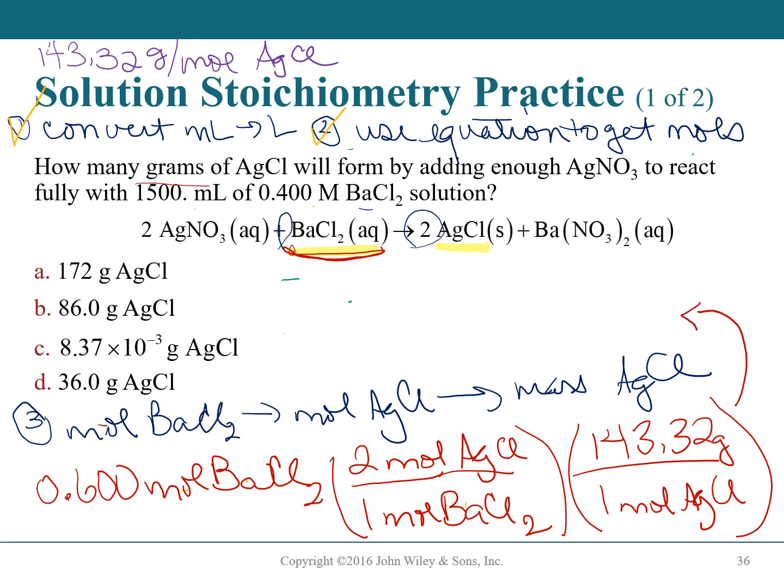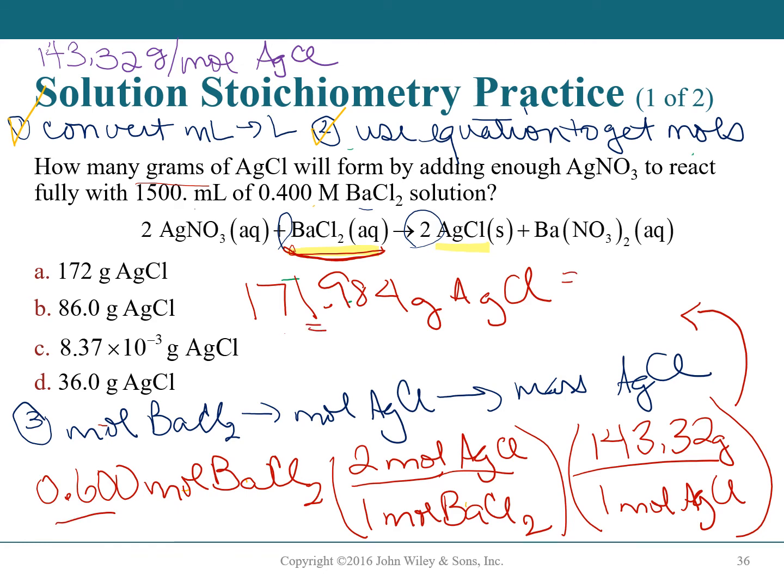Okay, I'm going to put my work up here. So 0.6 times 2 times 143.32, and I get something like 171.984 grams of silver chloride. This is 3 significant figures, so I'm going to stop here.